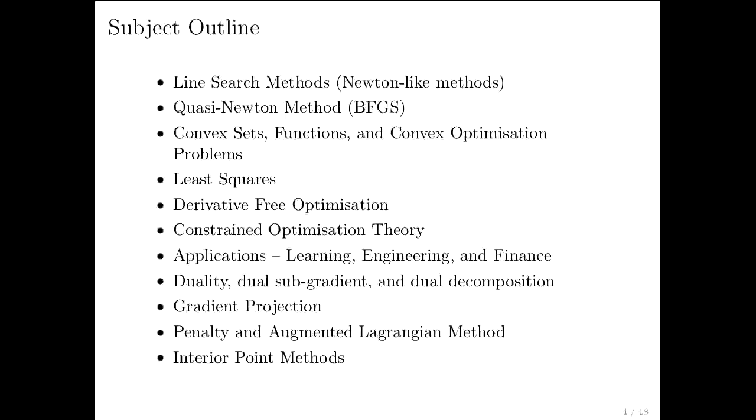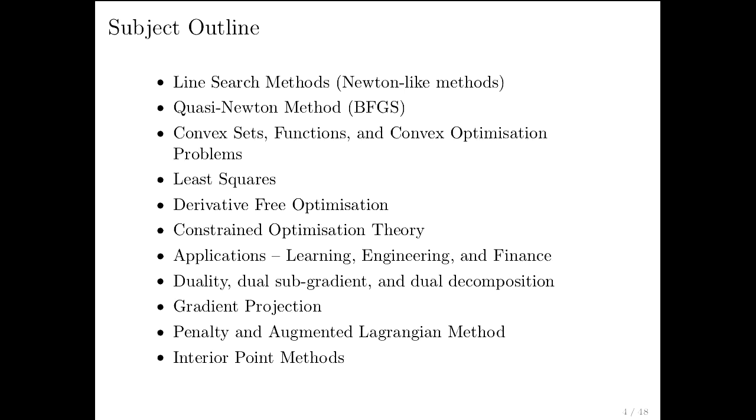All right. So the subject outline, the topics that we will cover are these. In the next lecture, I'll talk about line search methods, things that are similar to Newton's method, gradient descent, etc. Then we will discuss quasi-Newton methods, particularly one family of methods known as BFGS.